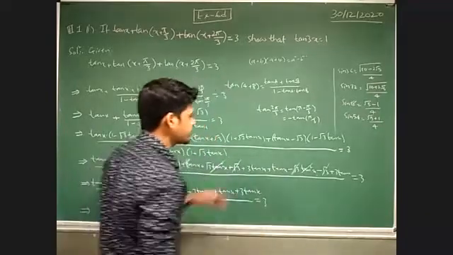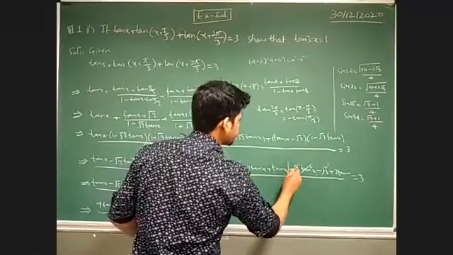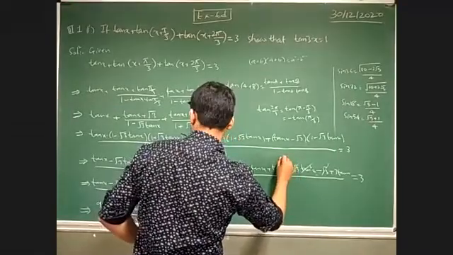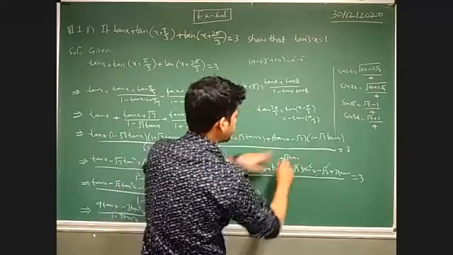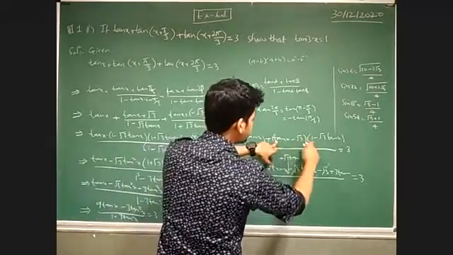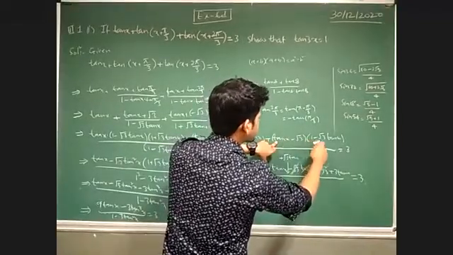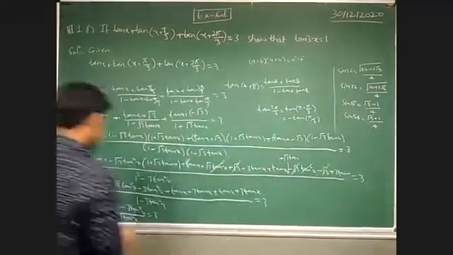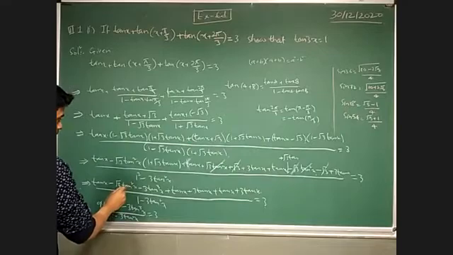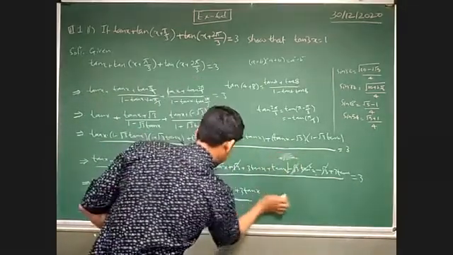Boys, here I left one thing, that is here one term should be there, that is plus root 3 tan x. Why? Because tan x into minus root 3 tan x.